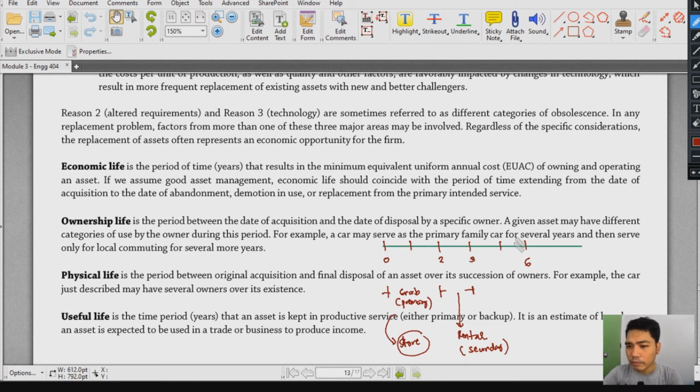And then after some 3 to 5 years, napagod na yung family, so they stopped the rental service as well as the Grab service.